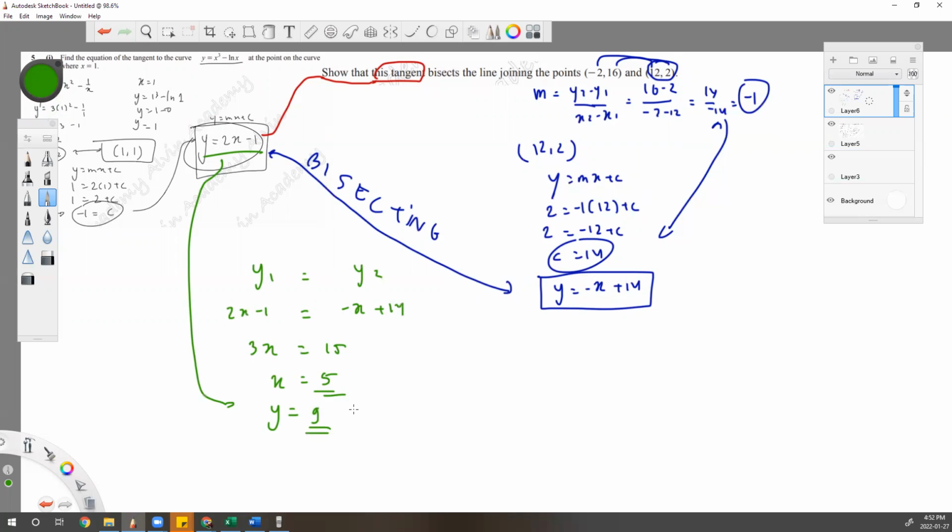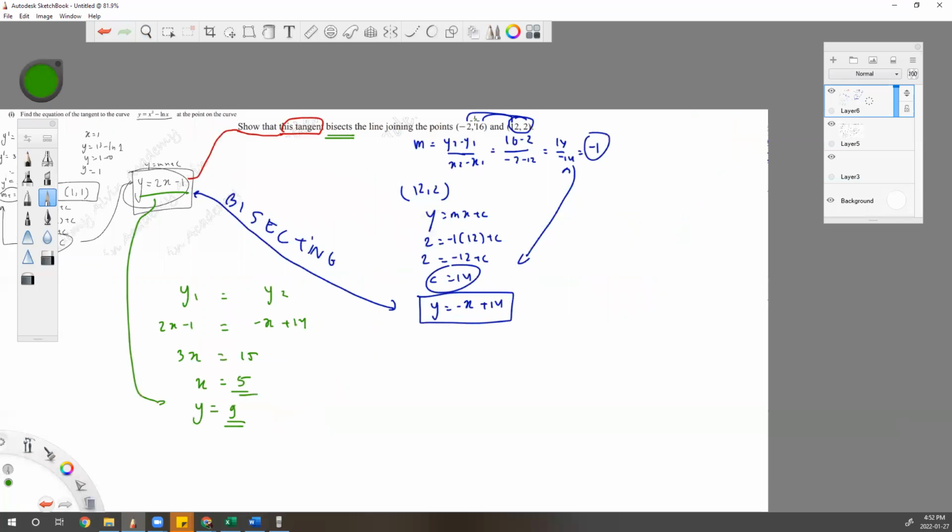And you can prove that bisecting means they share the same distance, right? Remember the formula of midpoint? The midpoint is x1 plus x2 over 2, y1 plus y2 over 2. It requires you to squeeze your brain and go back to secondary 2 or grade 8 formula, the gradient or the midpoint.